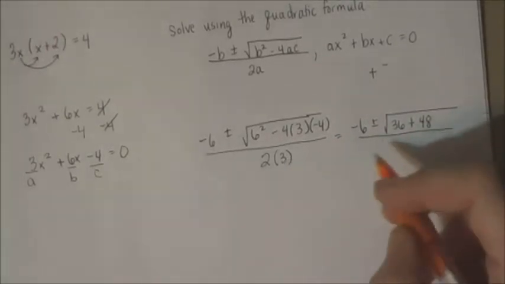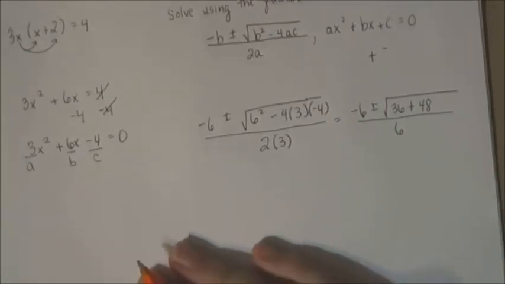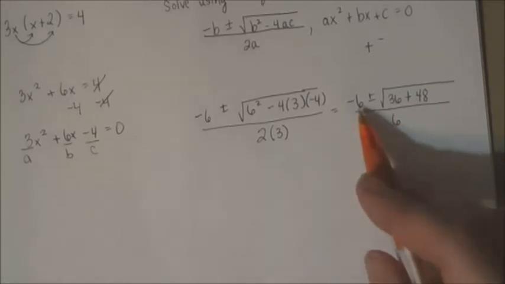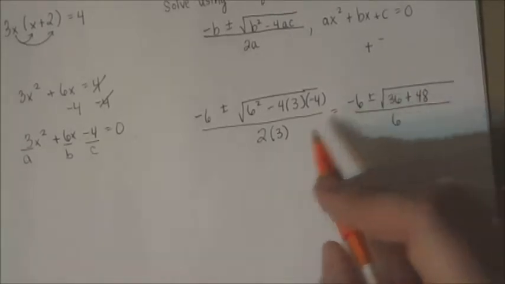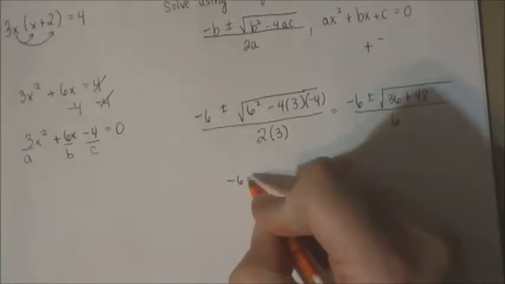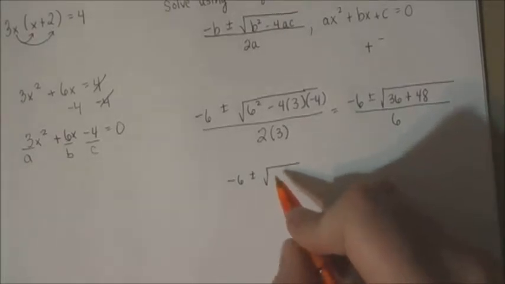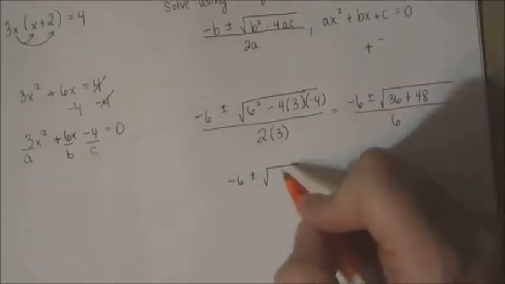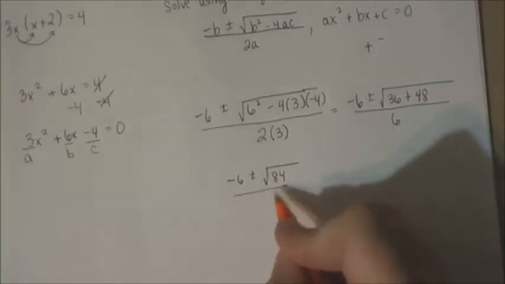All over 2 times 3, which is 6. Okay, in the next step, we should take what's inside of this radical and add that. So you get negative 6 plus or minus the square root of 36 plus 48, which is 84, all over 6.